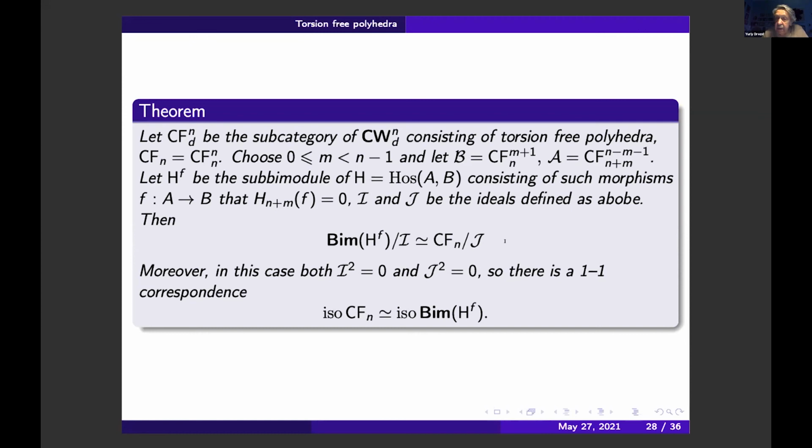Then we have the same equivalence. But in this case, we have some advantage. We had that J squared is 0, but in this case, I squared is also 0. And we have a one-to-one correspondence between isomorphism classes of torsion-free polyhedra and isomorphism classes of these objects of the bimodule category.